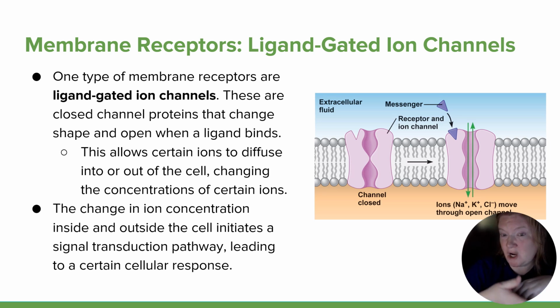Remember, ions have a charge, so they're not able to cross the membrane on their own. They need that channel to be able to cross. So that change in the ion concentration inside and outside the cell can initiate that signal transduction pathway leading to a certain cellular response.